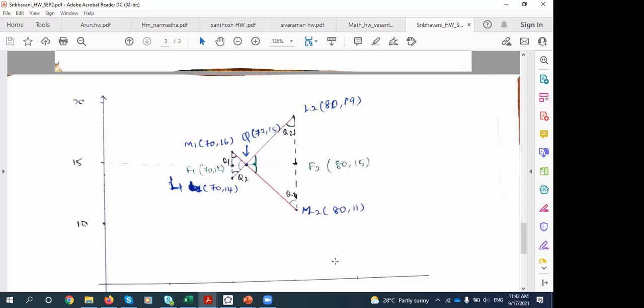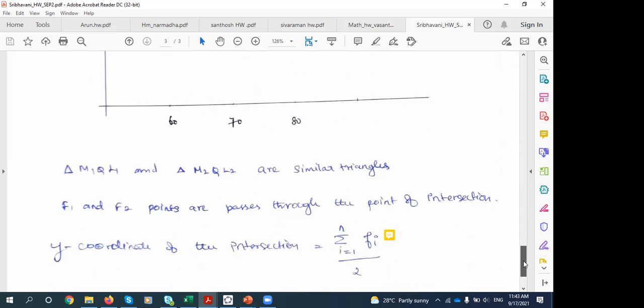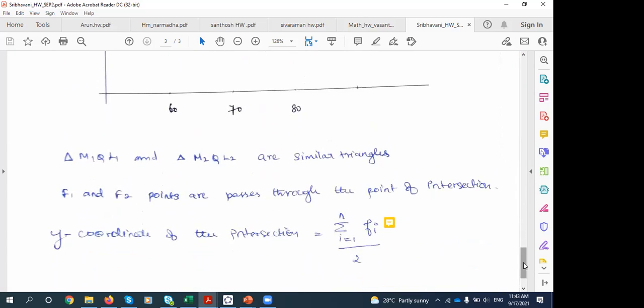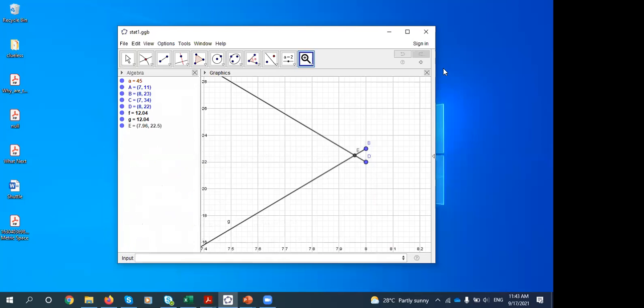Nice to see that. And that solidifies the sense of similar triangles. But as I said, the derivation part needs more work, but that's fine. So that's for most of the homework.